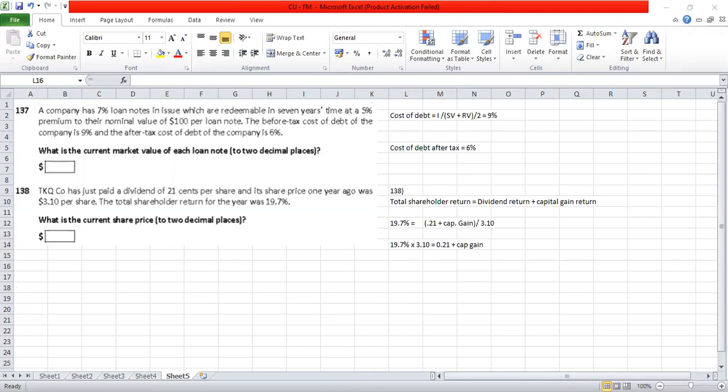Then after that, we also have the 3.10, which is the beginning value.